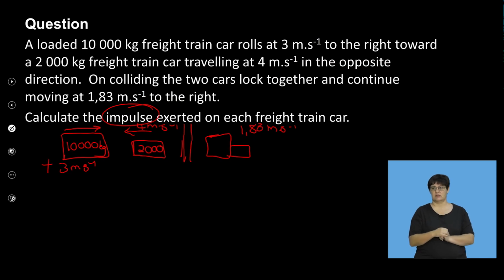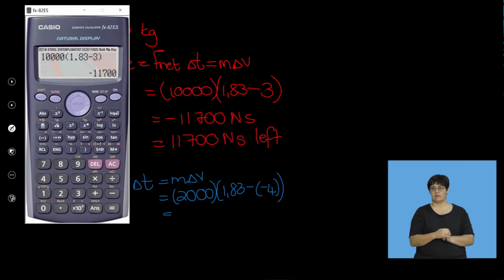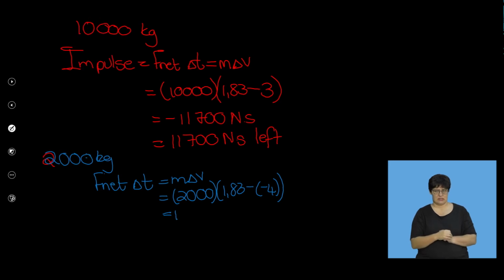It is 4, because we don't want to use the wrong values. Let's put that in the calculator. So we've got 2,000 times 1.83, and that's really +4. Now I get 11,660.